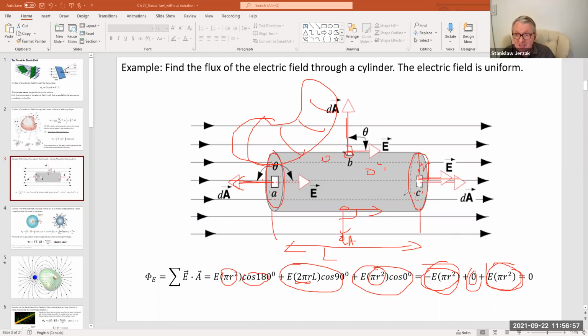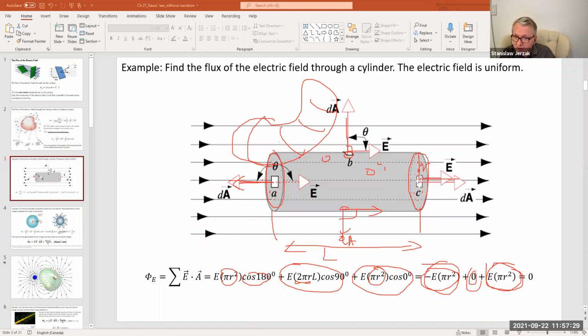But in most cases, as you will see, we will have a non-uniform electric field. But when we calculate flux through certain closed surfaces, the surface will be such that we will be able to divide it into parts. And in each part of the surface, like in the case of that cylinder, the electric field will be uniform within each part.